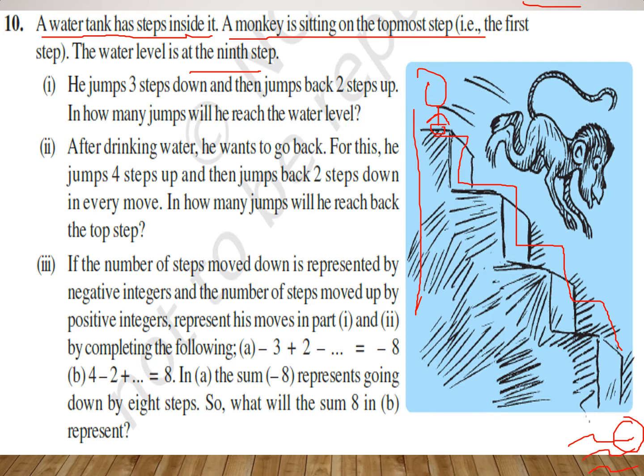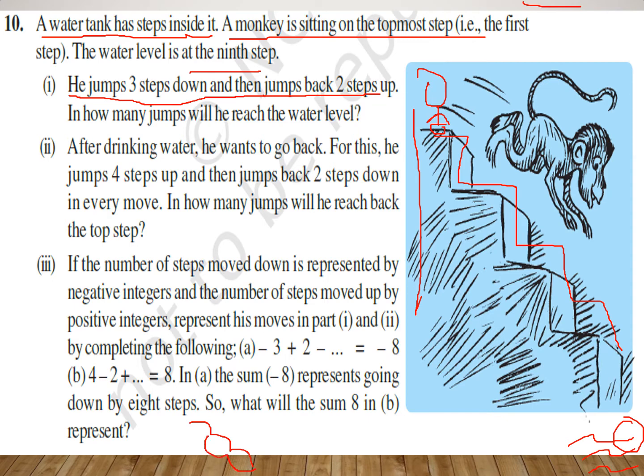drink. The first part is saying he jumps 3 steps down and then jumps back 2 steps up. So this means the monkey is going like this: 3 steps down, 1 step, 2 step, 3 step, and then coming back 2 steps, 1, 2.